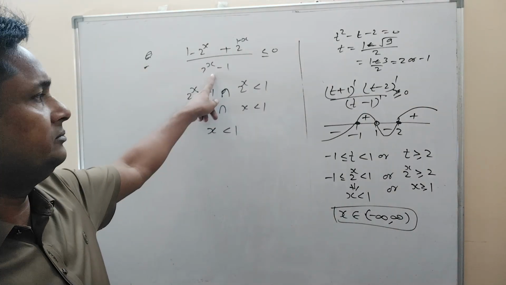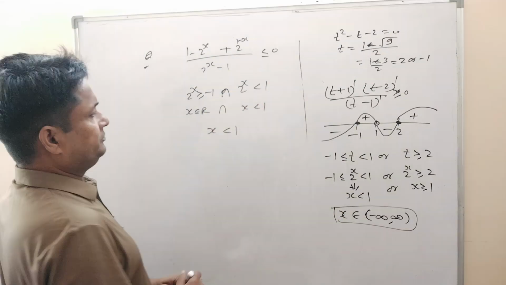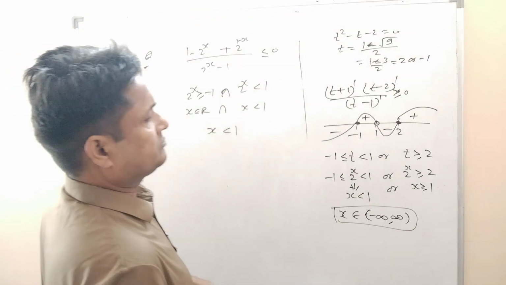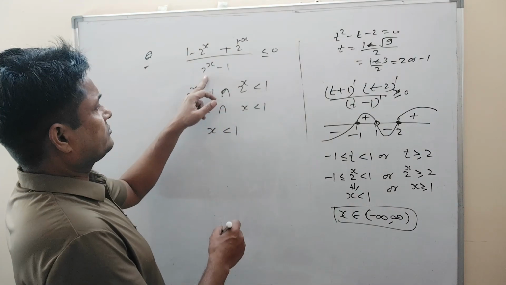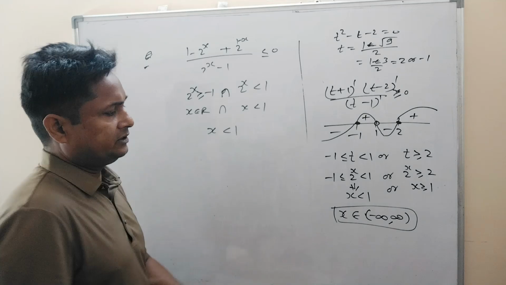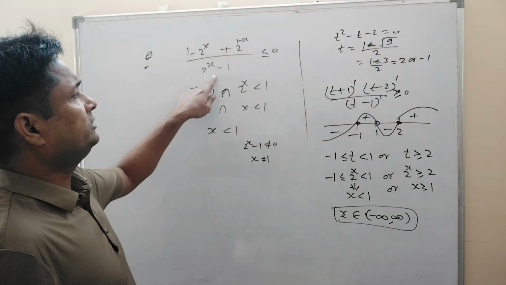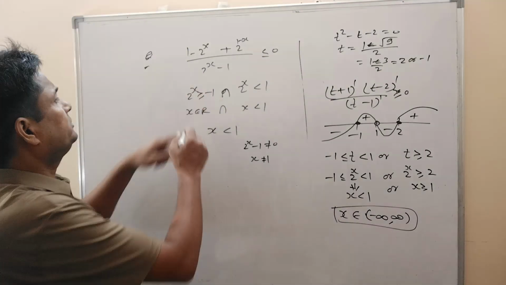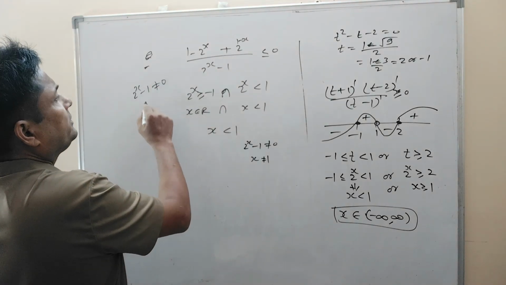But here we have rejected a value. Which value? This term is in the denominator, so 2 to the power x minus 1 cannot be 0, right?